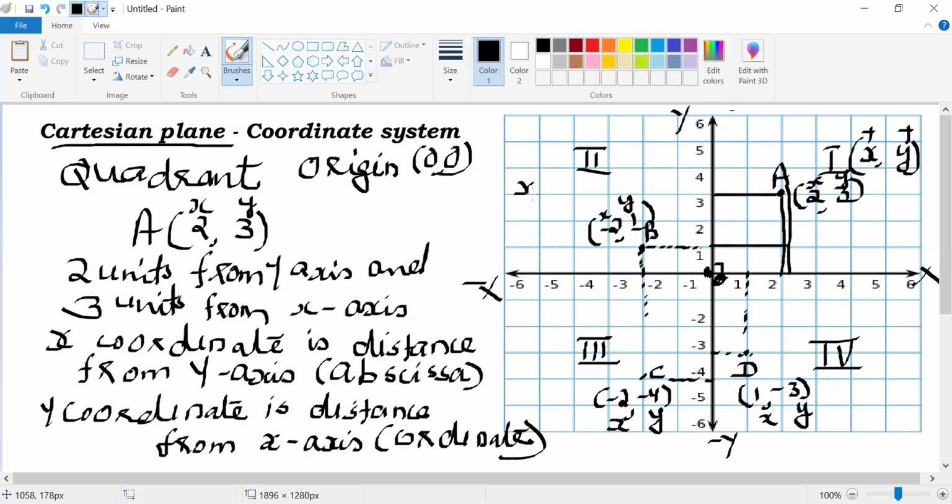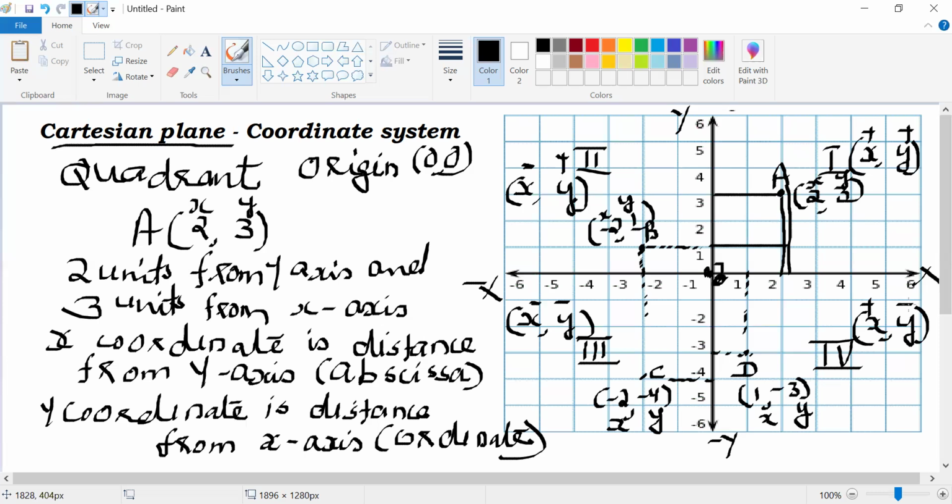So in general, in the second quadrant, if you take any point, x will be negative and y will be positive. In the third quadrant, both x and y are negative. And in the fourth quadrant, x is positive and y is negative.